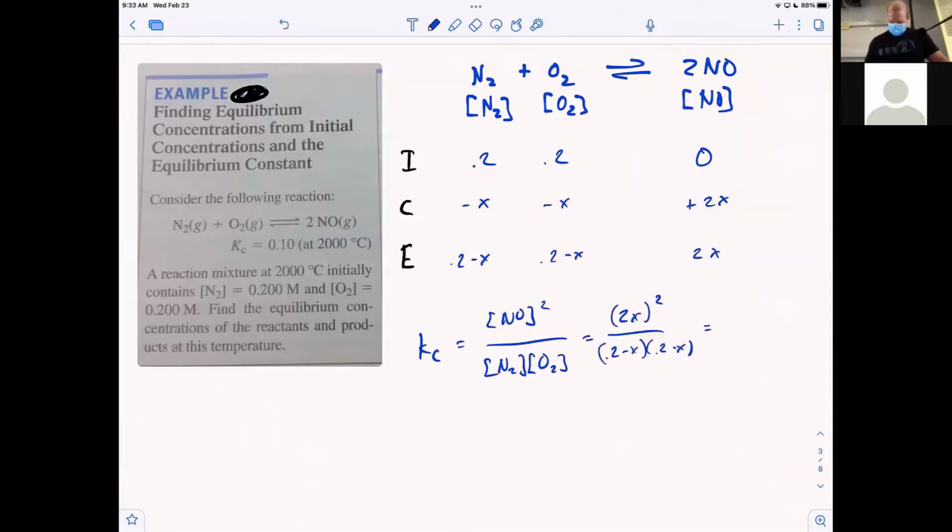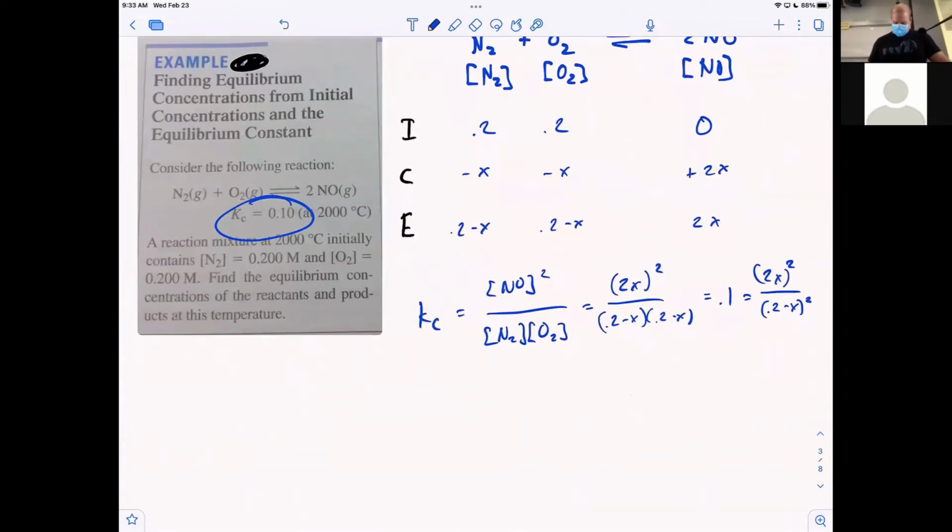And it's given right here, 0.1 equals 2x squared over 0.2 minus x squared. So of course you can see where it's pretty easy to solve this one. We can take the square root of both sides. Square root of 0.1 equals 2x over 0.2 minus x. Sorry, let me make it pretty.